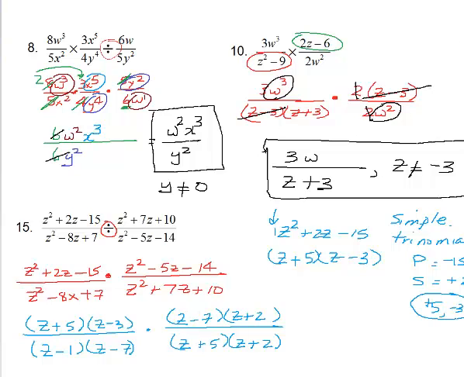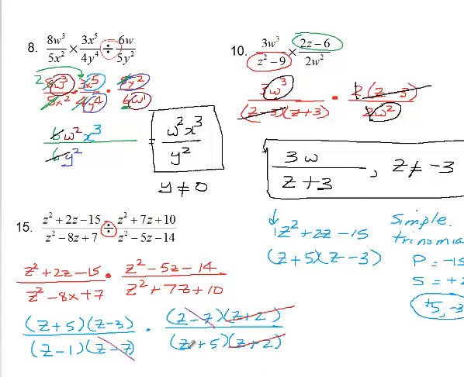Now we can cross cancel, but remember again, complete binomial with complete binomial. So I see z plus 2, z plus 2. Done. What else can we see? Yeah, I think you mostly have seen it now. We had a z minus 7 here with a z minus 7 here. Anything else?